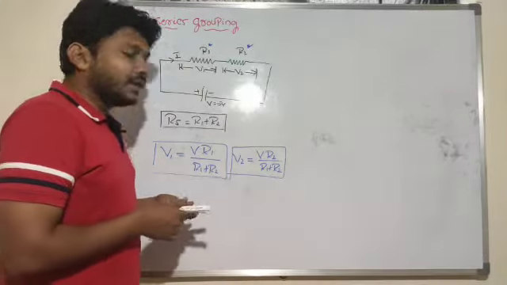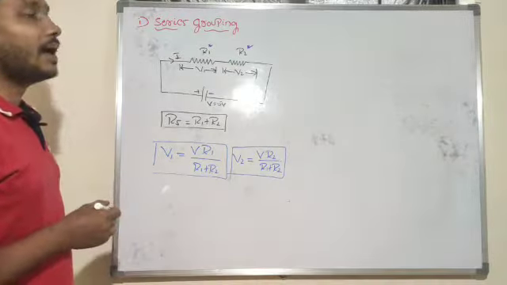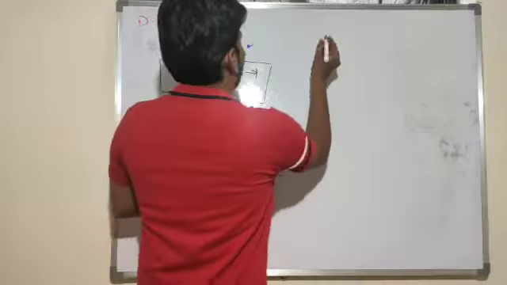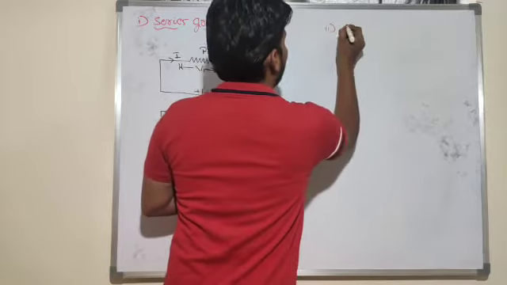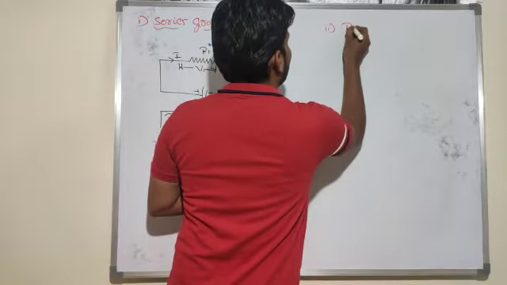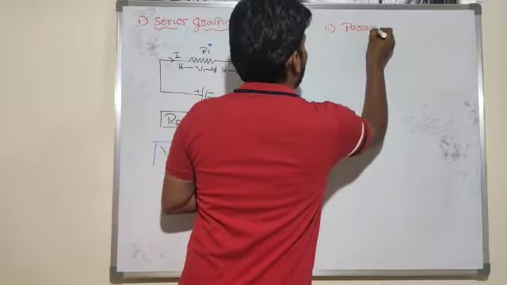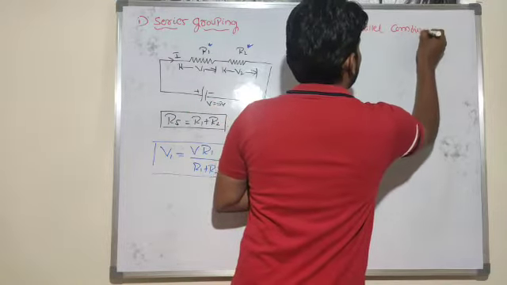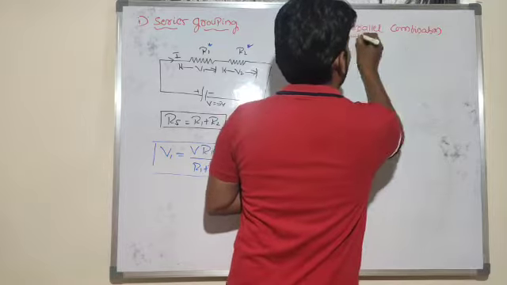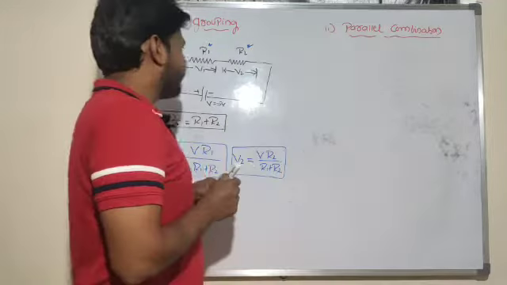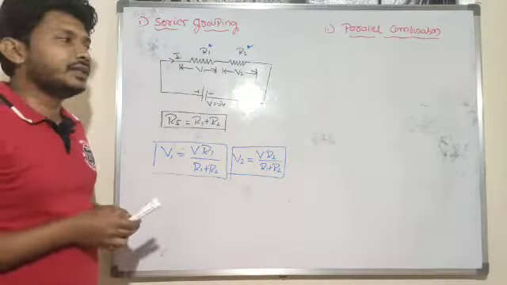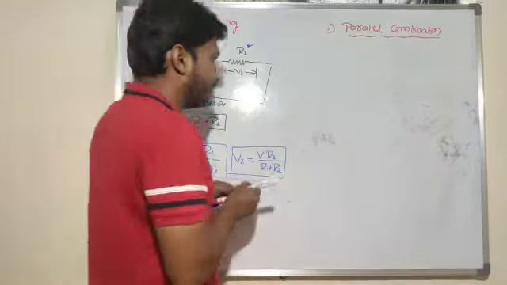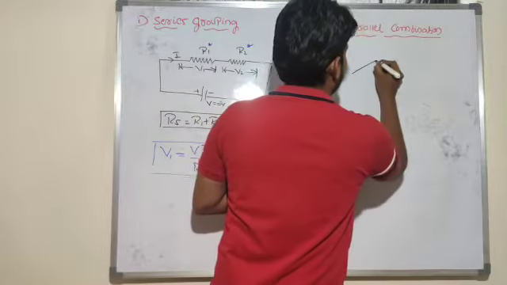Now, in parallel grouping, parallel combination means the connection is made between two common points. In parallel combination, two or more resistances are connected between the two common points.